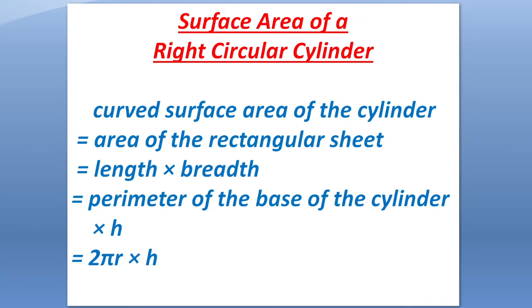So perimeter, we know very well that the perimeter of the circle is 2 pi r, where r is the radius of that circle, into h, the height of the cylinder.